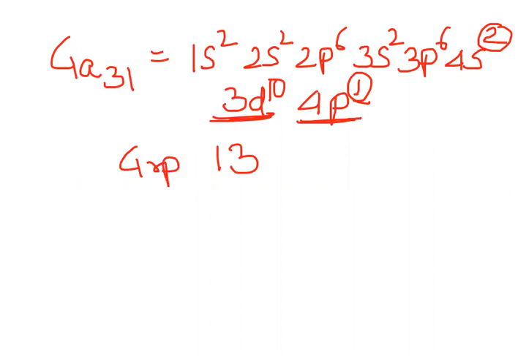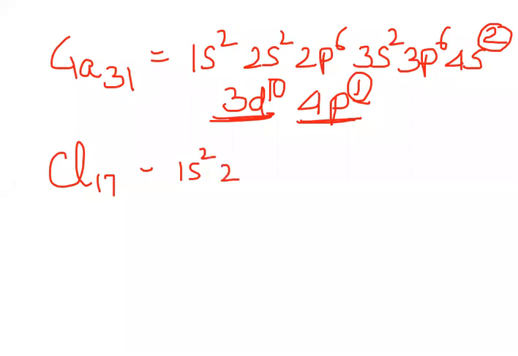All right. Similarly, if you talk about halogens, let's compare fluorine, chlorine and all of them. First let me talk about chlorine. Its atomic number is 17, so the electronic configuration will go as 1s2, 2s2, 2p6, then 3s2, and I need 7 electrons, so this is going to be 3p5.